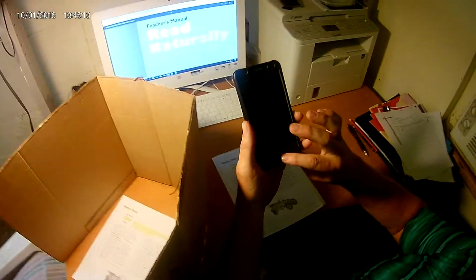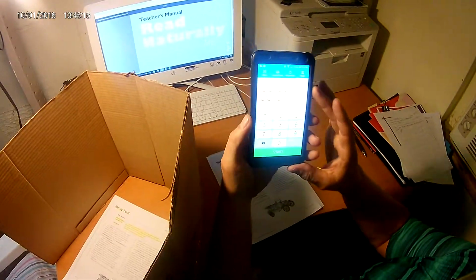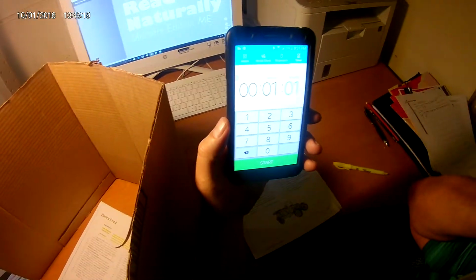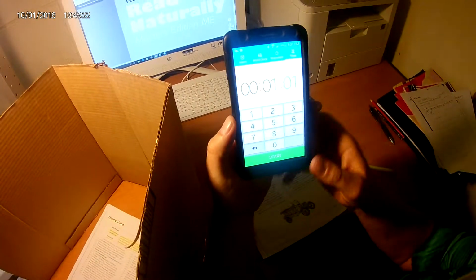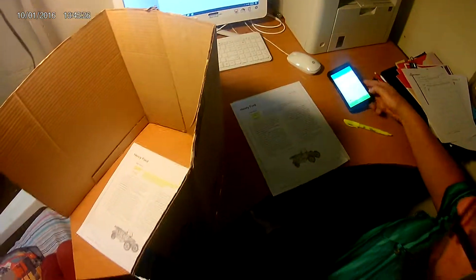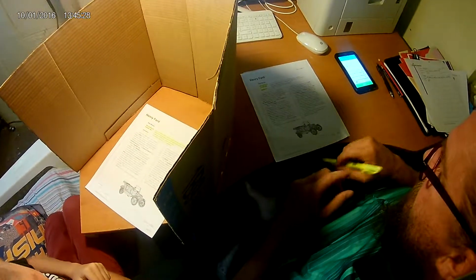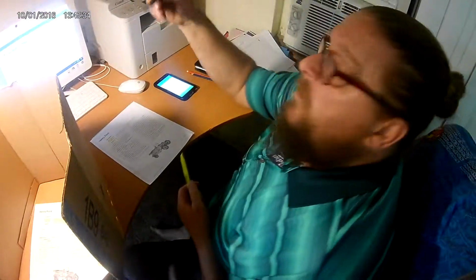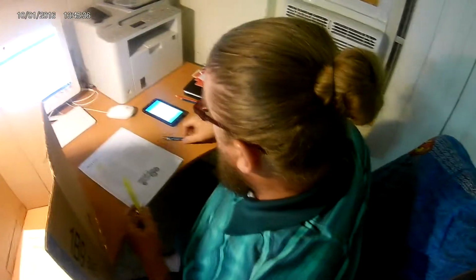And as you can see, I'll have my timer set for 1 minute 1 second, because it takes me a little bit to actually press it to give them that 1 second. And I don't start it till they actually start reading. Okay? I use a highlighter to mark what words they got wrong, and then I use a pen to mark where they stopped. Okay, so tell me when you're ready, Azu.